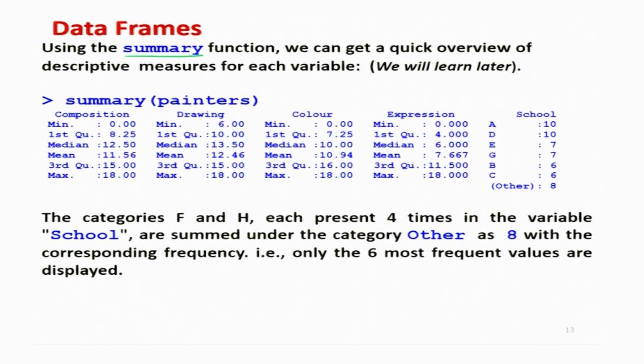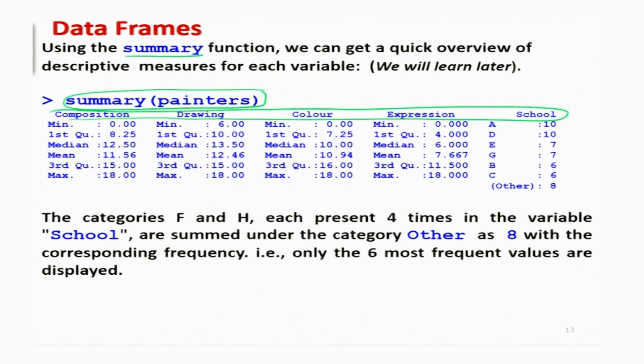If you use summary and then within parenthesis write the name of the data frame, then all the information about all the variables will be available in a single command. For example, this is for composition, this is for drawing, this is for color, this is for expression, and so on, right?